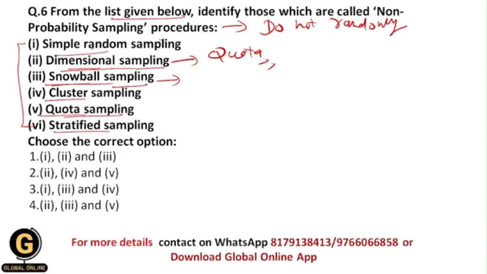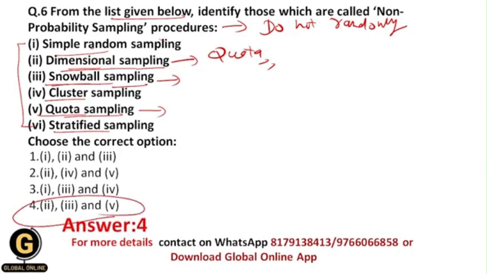This is called snowball sampling. And in quota sampling, a researcher wants specific people who have specific characteristics, and that's why these three are the non-probability sampling procedures. But simple random sampling, cluster sampling and stratified sampling are the probability sampling procedures, and that's why your correct answer should be 4, that is 2, 3 and 5.